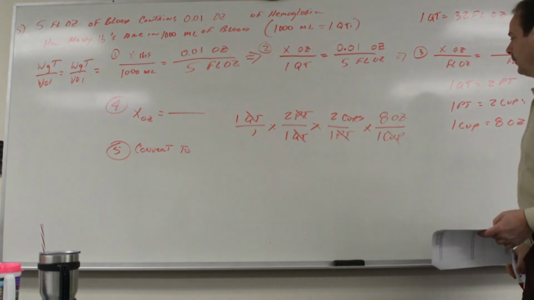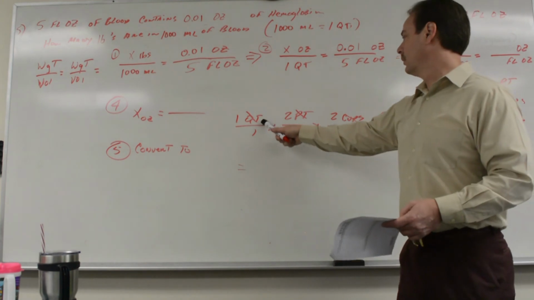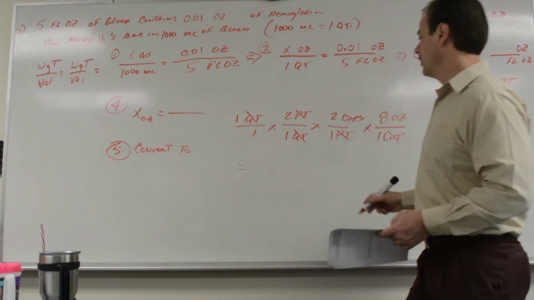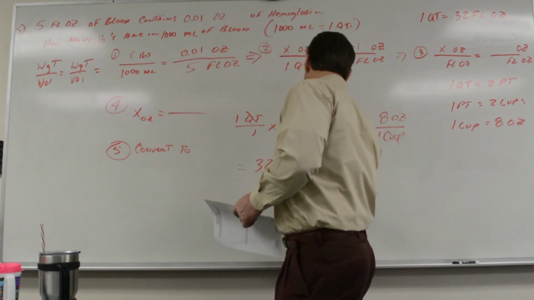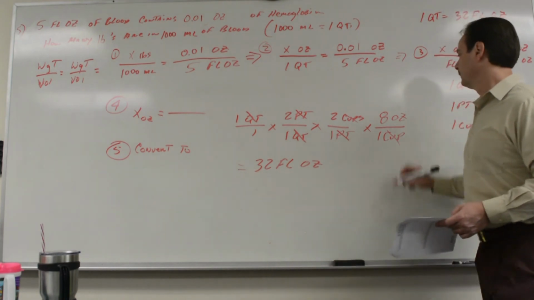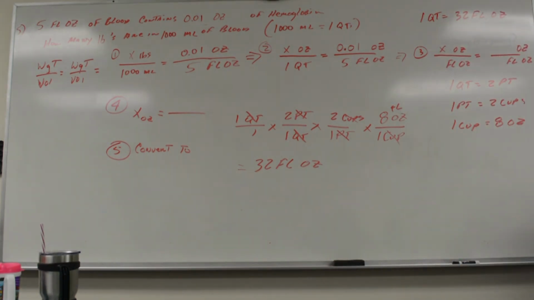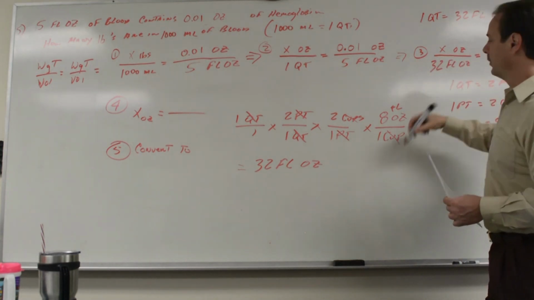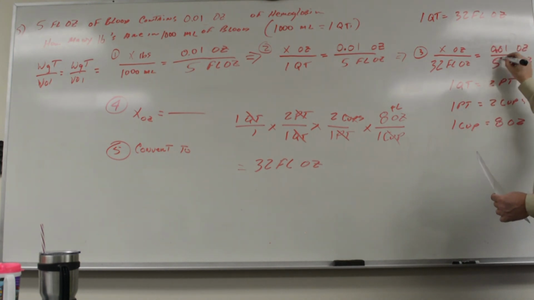Cups cancel. So if we sum this up, it's 1 times 2 times 2 times 8, which is 32. So it's going to be 32 fluid ounces. So over here, on step 3, let's call this 32 fluid ounces. This stays 0.01 ounces, and this is going to be 5 fluid ounces.